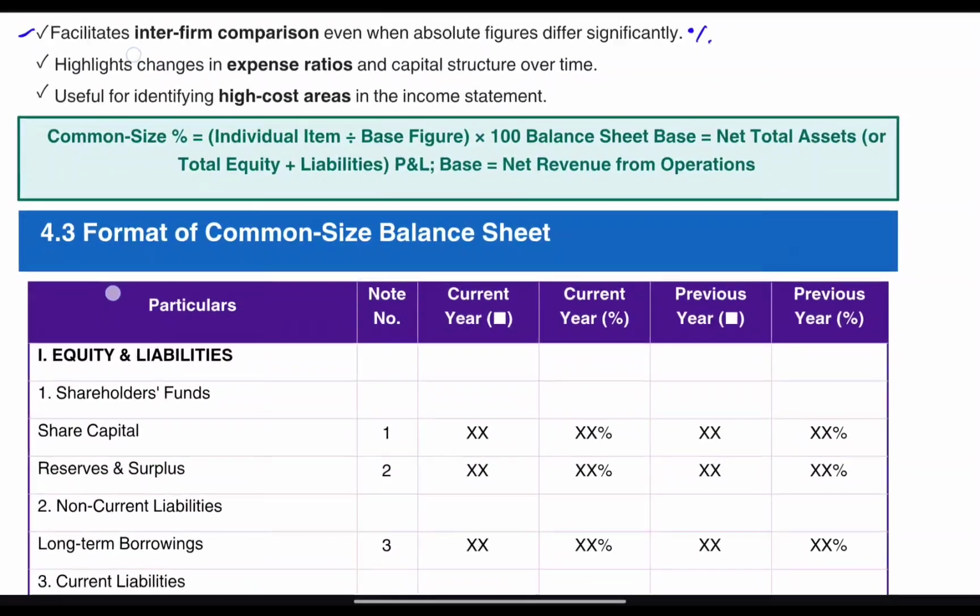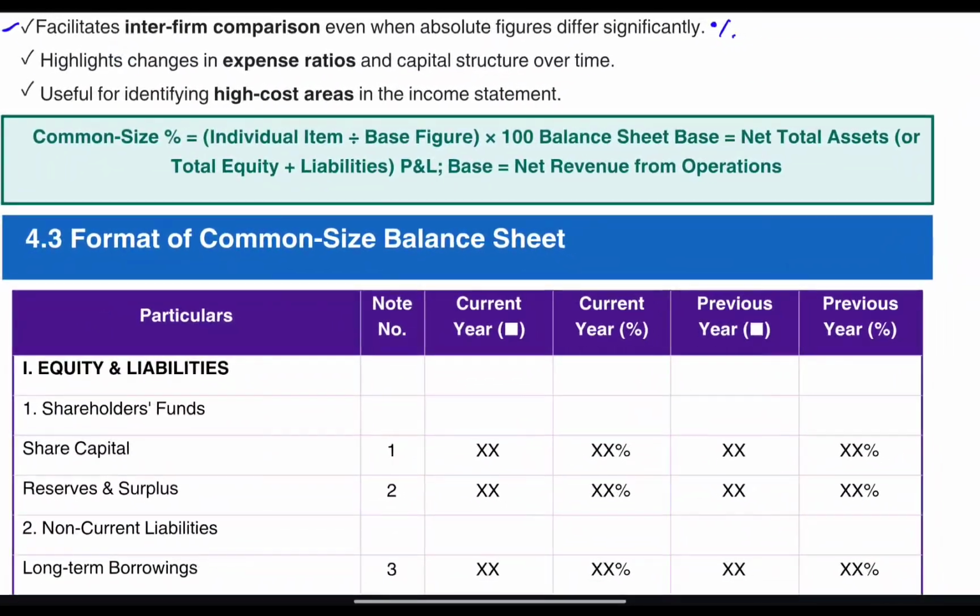So how will we calculate the common size percentage? Common size percentage is equal to the individual item divided by the base figure multiplied by 100. This is your formula, whether in the balance sheet or in the statement of profit and loss.